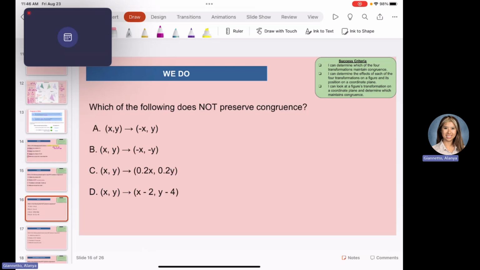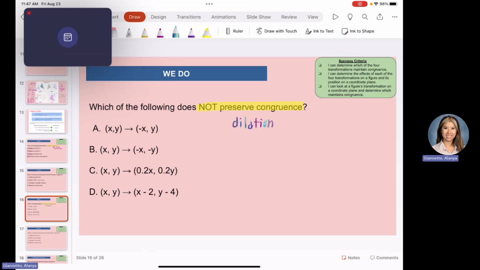Then for our next we do, which of the following does not preserve congruence? Now we have these algebraic rules. So we know that dilation does not preserve congruence, but we have to remind ourselves which one is dilation from the rules, right? So for A we have x comma y to negative x comma y.